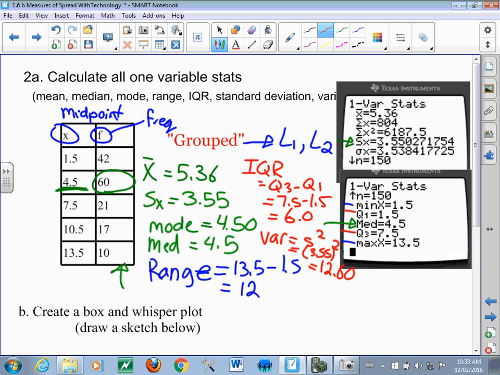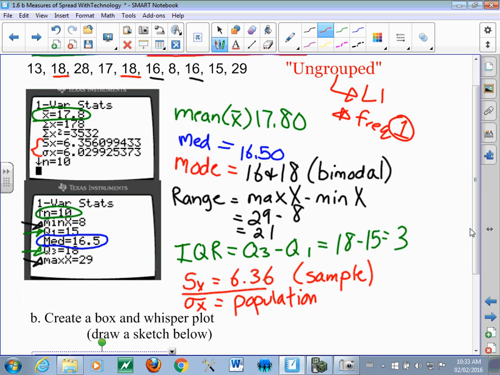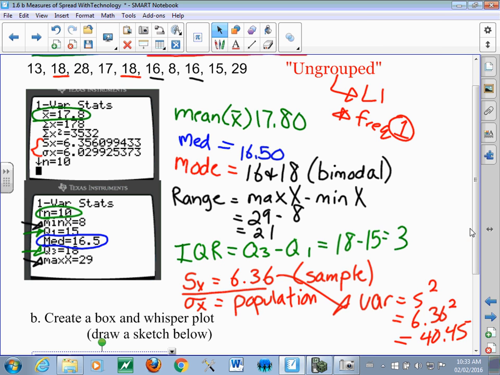I'm going to quickly go back before I forget, and let's just do that now. So we've got the standard deviation here, so variance equals standard deviation squared. And so it's going to be 6.36 squared, which if you plug in your calculator is going to be 40.45. I apologize for that live video.